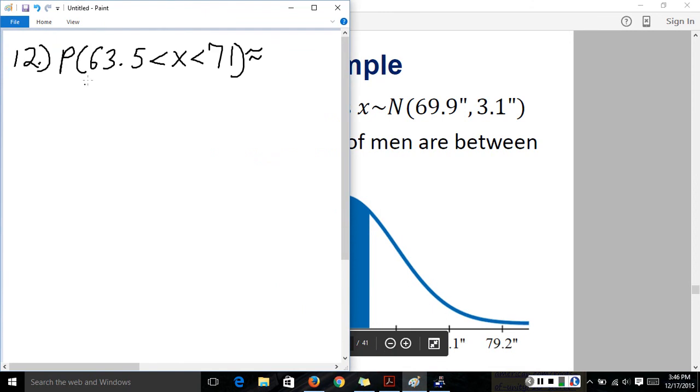Next order of business, I need to find z-scores for both of my raw scores. I'll need to convert them both. So let's convert the 71 first.